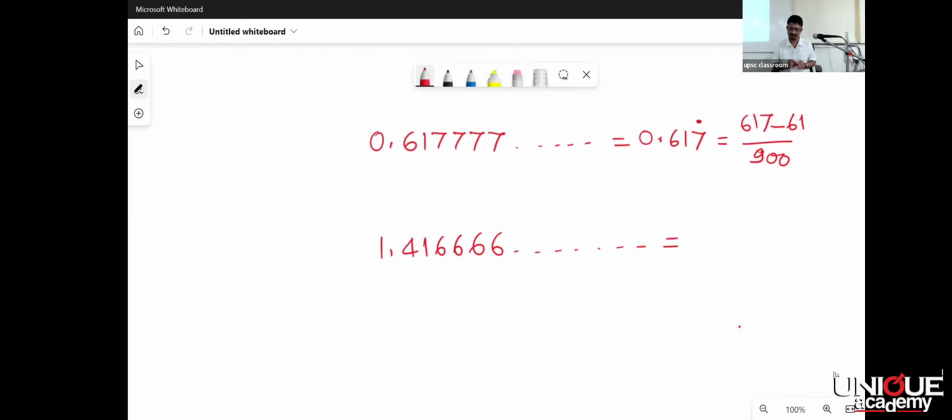Rishikesh, I will repeat this method with one more example as you asked. Actually, what do you want to ask exactly? You can unmute and talk to me. Please apply the shortcut here for this one.